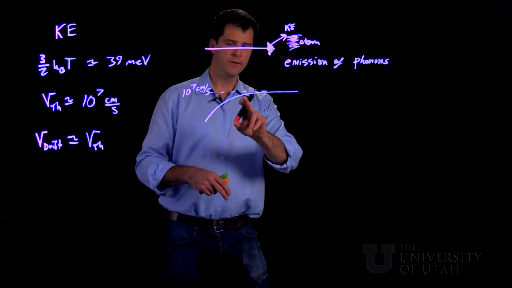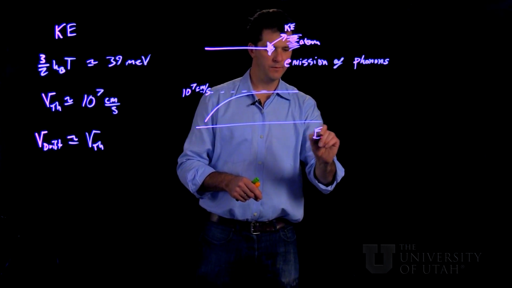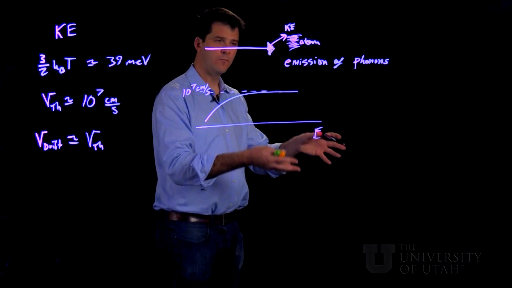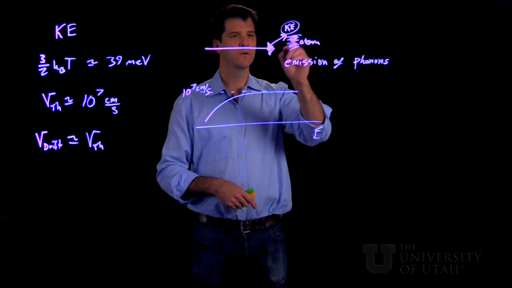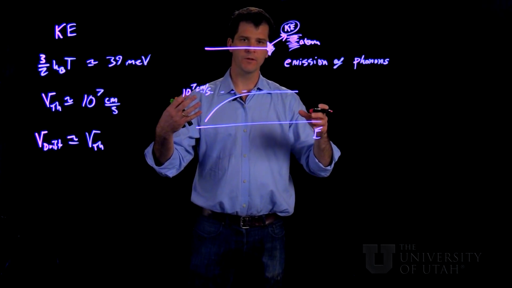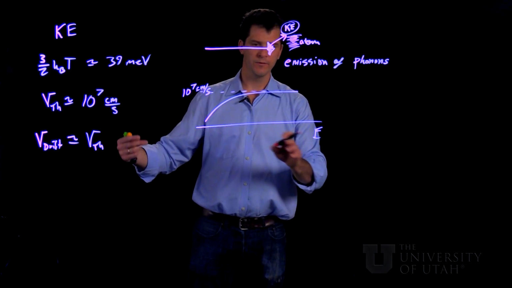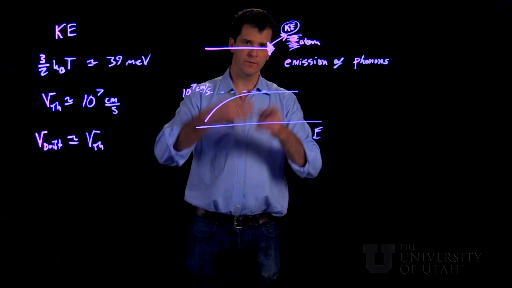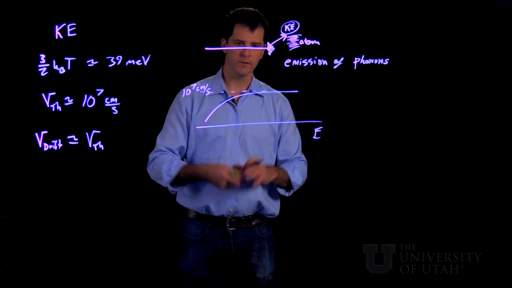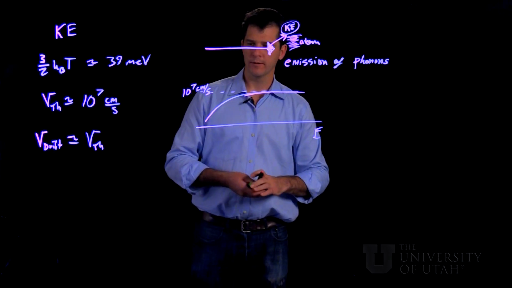As the electron is being accelerated faster and faster by the E field, it'll emit more and more phonons and give off more and more of these packets of kinetic energy. And those competing forces of the accelerating force of the E field and the emission of kinetic energy to optical phonons balance, resulting again in a saturation.